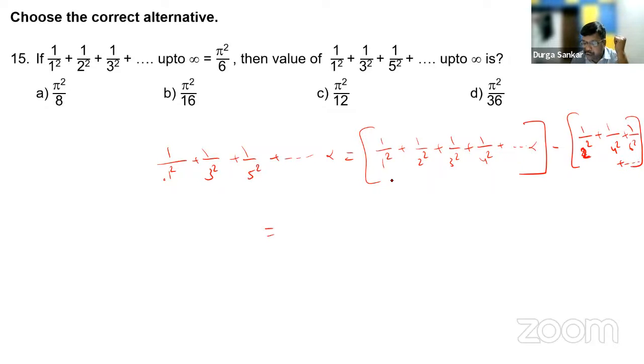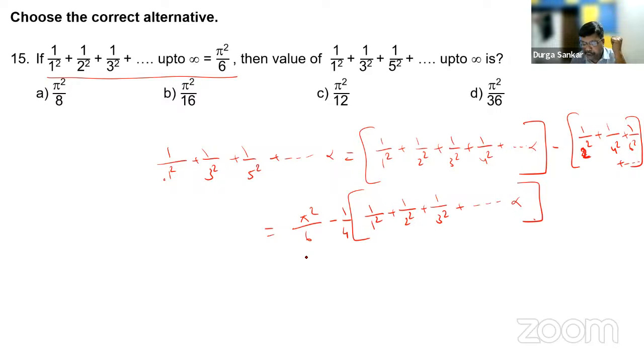So it is given to us that 1 by 1 square plus 1 by 2 square plus 1 by 3 square, so on to infinity, is pi square by 6 minus. Now, in the remaining set of terms, if I take 1 by 2 square common, then I will have 1 by 1 square plus 1 by 2 square plus 1 by 3 square, so on till infinity, which again is nothing but equal to pi square by 6.